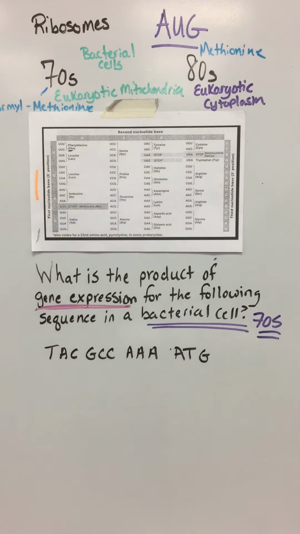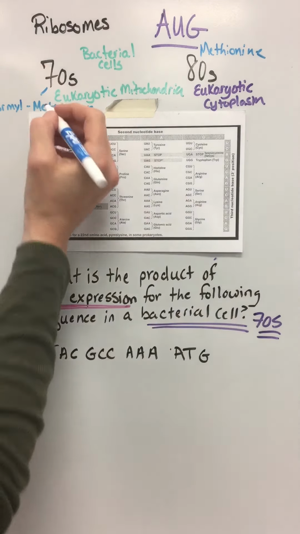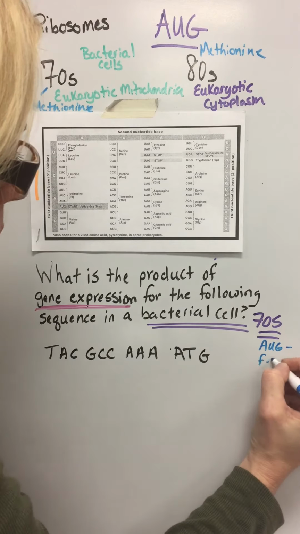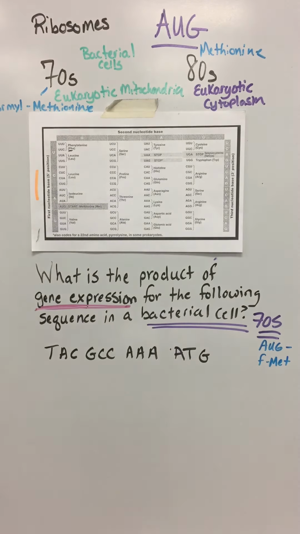These are two structurally different amino acids. You can find them on page 205 of your textbook to take a look at their structures. So 70S, when we see a start codon, the AUG, we're going to put into place formyl methionine. It's abbreviated fMet.